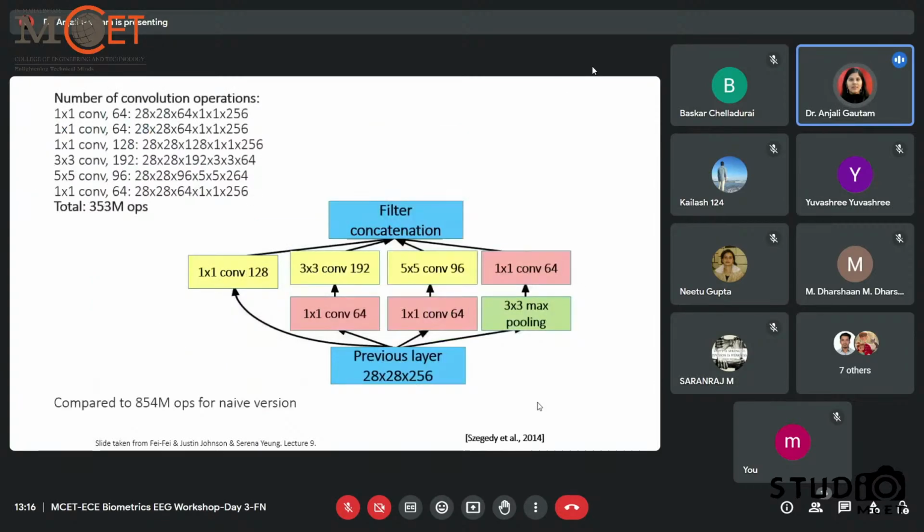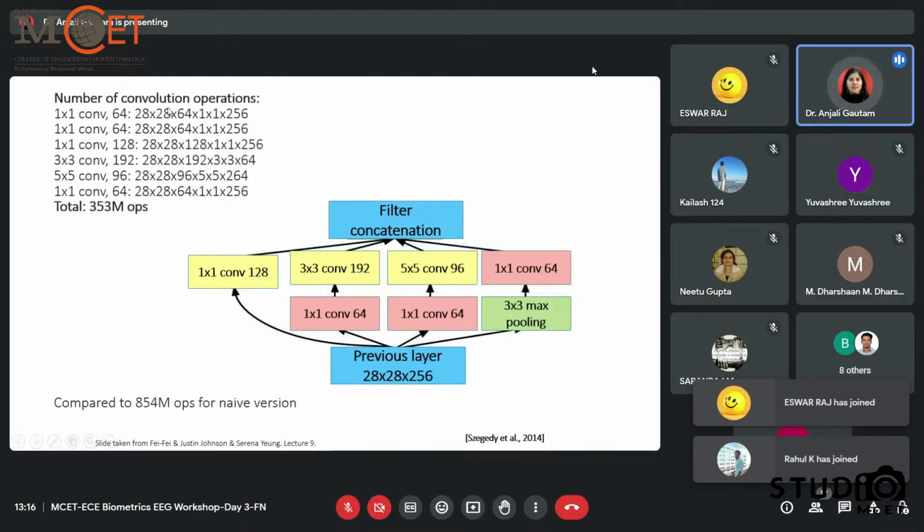How? See, they have reduced with 1 cross 1 convolution of 64. In the previous layer you have 256, and it is reduced to 64. So obviously if it is reduced to 64, then 64 to 192 will be less in number. So the number of operations can be computed in that way.